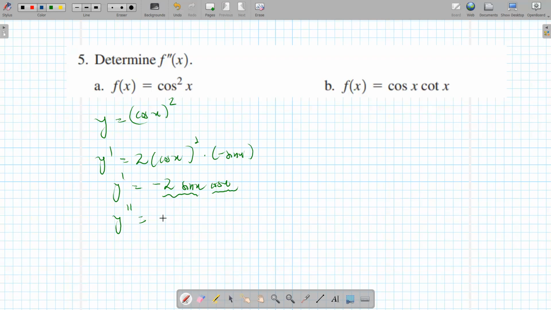Again, we're using the product rule, so it's going to be f prime times g as it is plus f as it is times the derivative of g, which is g prime. What's g prime in this case? Negative sine x. So what do you get? You get negative 2 cos squared x minus 2 sine squared x, like that. And actually, it's going to be plus. Negative and negative becomes plus, and that would be the final answer for this question. Cool?